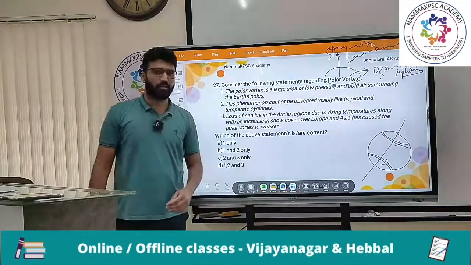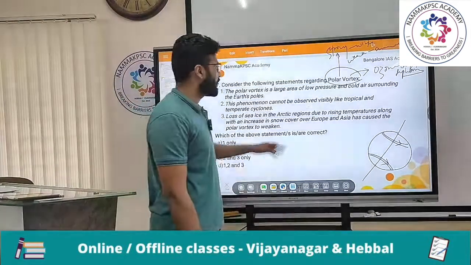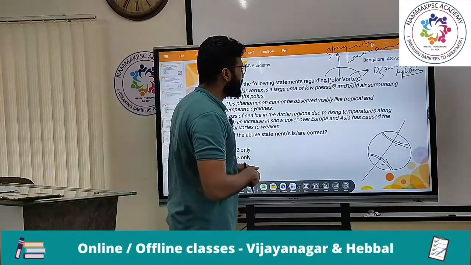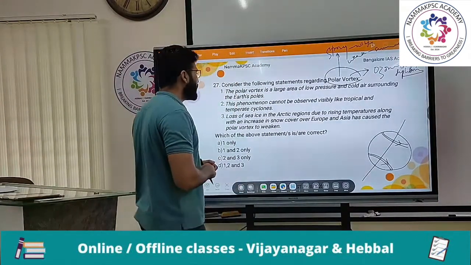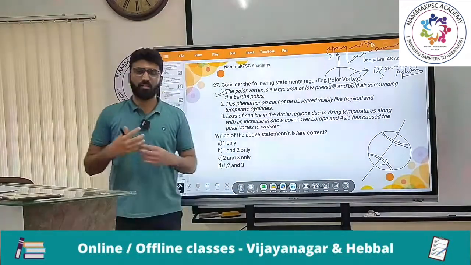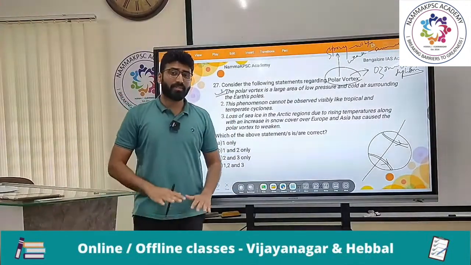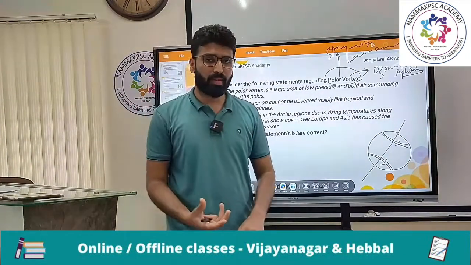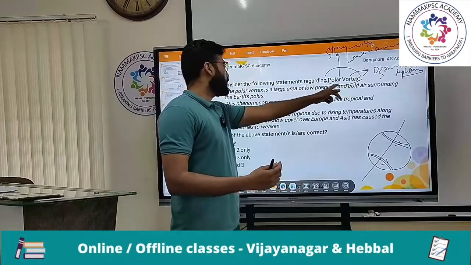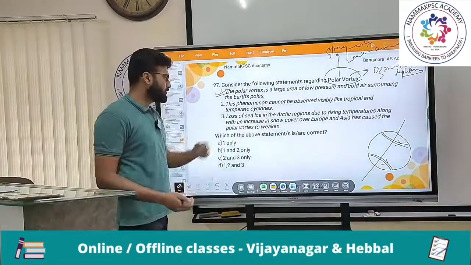Okay, so first statement, the polar vortex is a large area of low pressure and cold air surrounding the Earth's poles. This is true. The polar vortex is a low pressure region. Along the surface, it is high pressure because of the cold temperature, whereas at an altitude where you have the vortex, it is a low pressure region of cold air surrounding the Earth's poles.